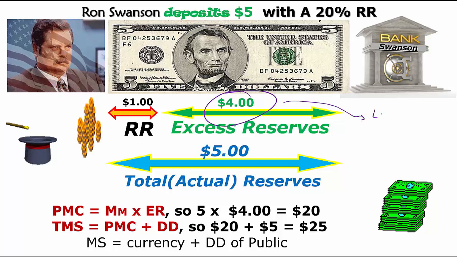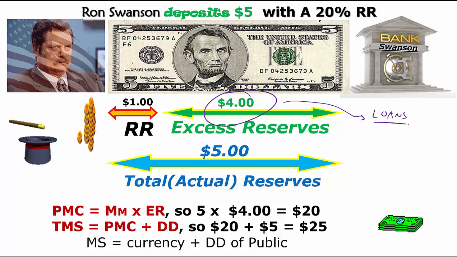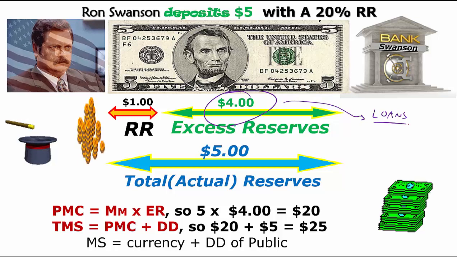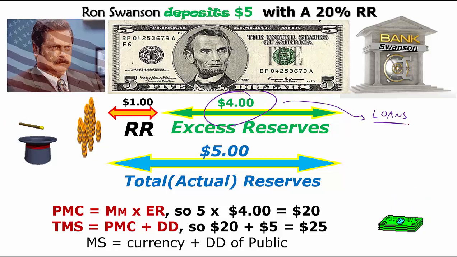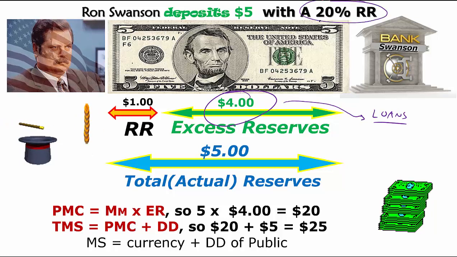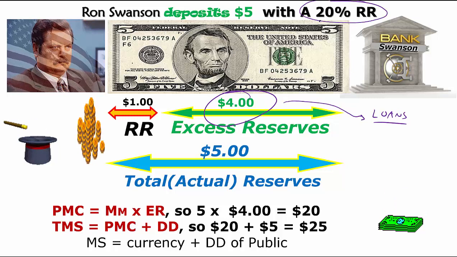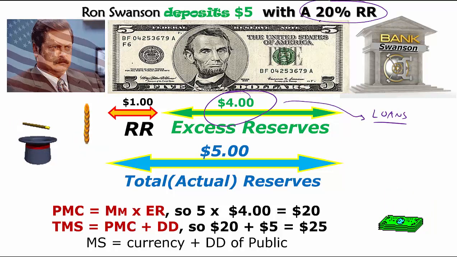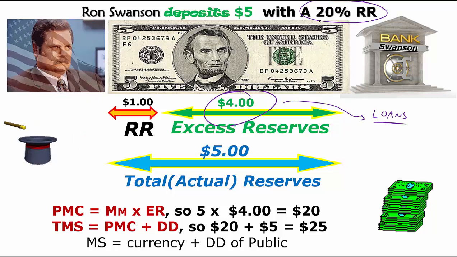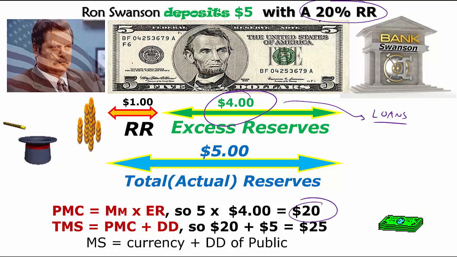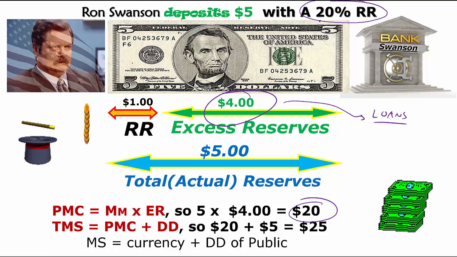If they do that, then those $4 in loans can multiply through the banking system 5 times. Why 5? Because 1 over 0.2 gives you 5, and that's the money multiplier. So 5 times 4 would be $20. So potentially, if Ron Swanson makes a deposit of $5, the money supply could grow by another $20. Okay? That's just a quick example of how we're going to apply this.